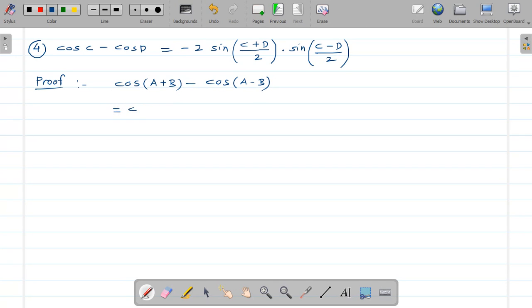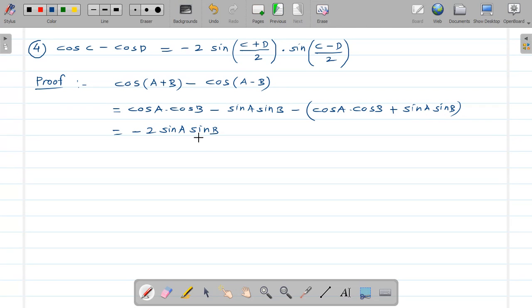See here, cos (A plus B) means cos A into cos B minus sin A into sin B. This is the formula of cos (A plus B), and minus, take in bracket, so cos (A minus B) is cos A into cos B plus sin A into sin B. Now if you see this properly, cos A into cos B will get cancelled because of this minus sign, and this is minus sin A sin B, and it becomes also minus sin A into sin B. So we get the combination that is minus 2 times sin A into sin B.